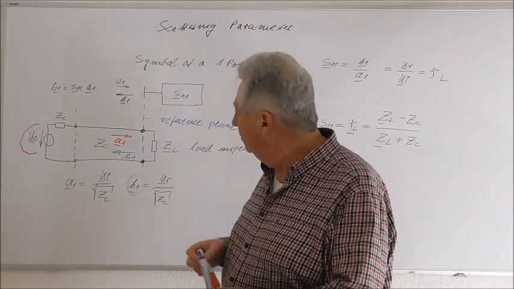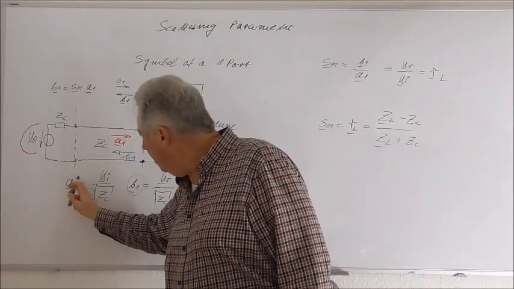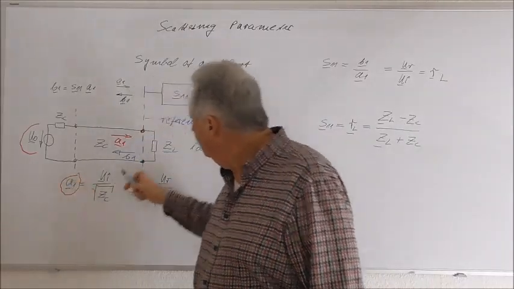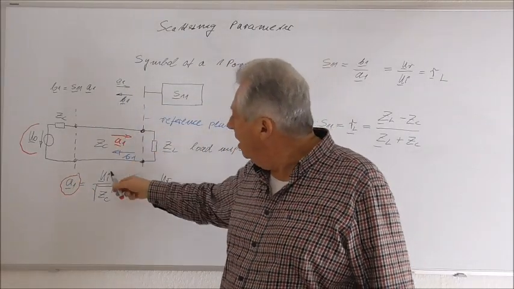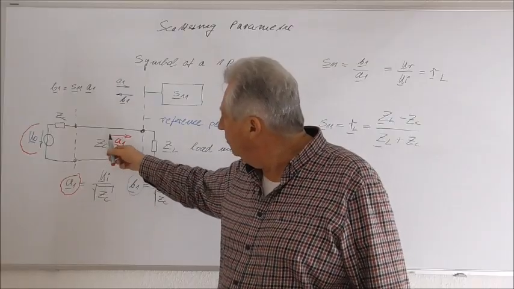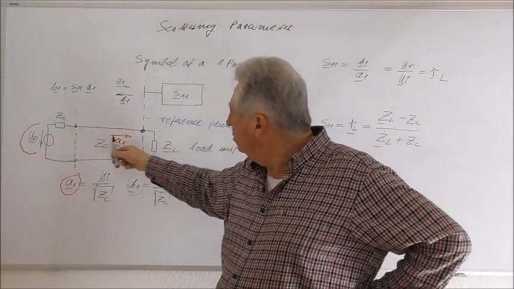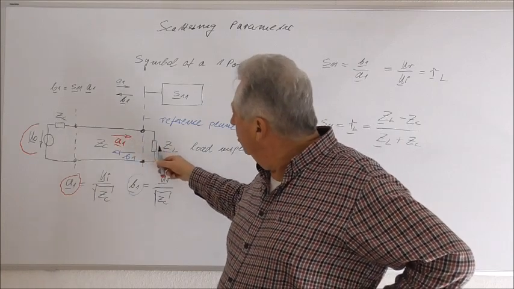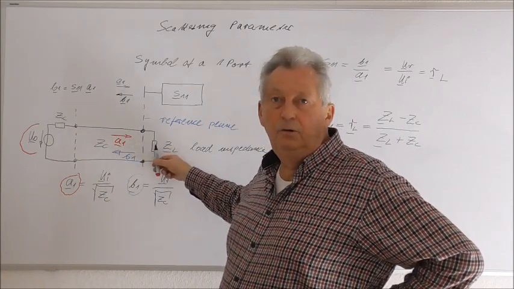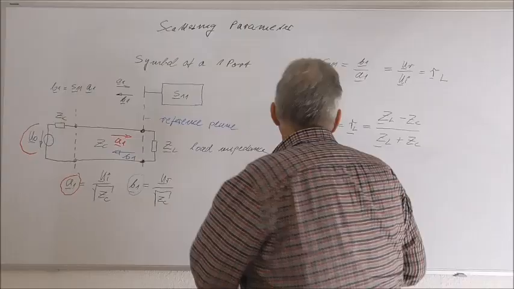And we have the second wave, the wave A1, which is described by the incident voltage. So this source will create an incident voltage which will propagate to the load impedance.